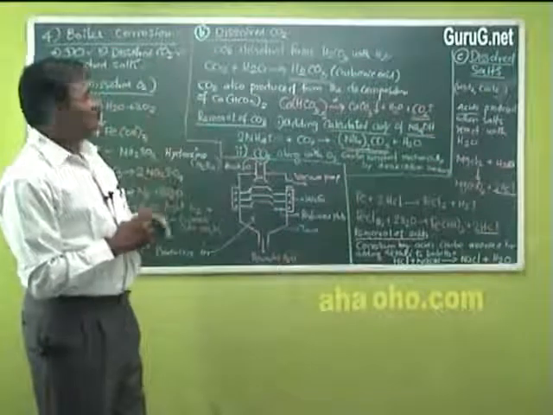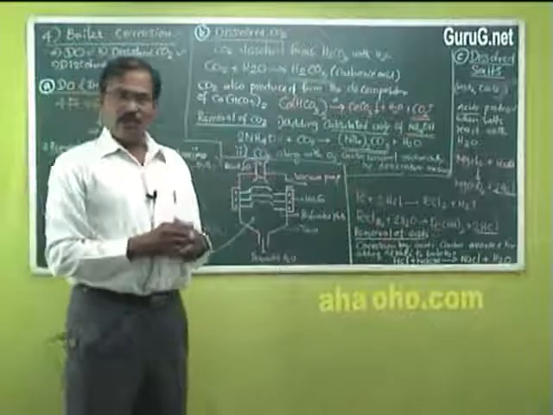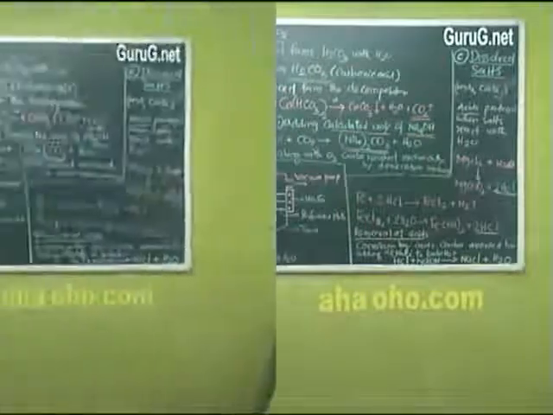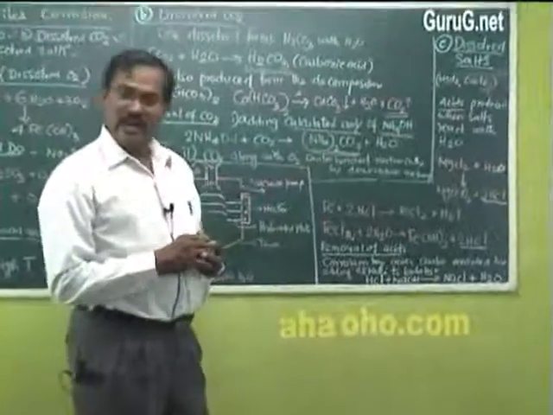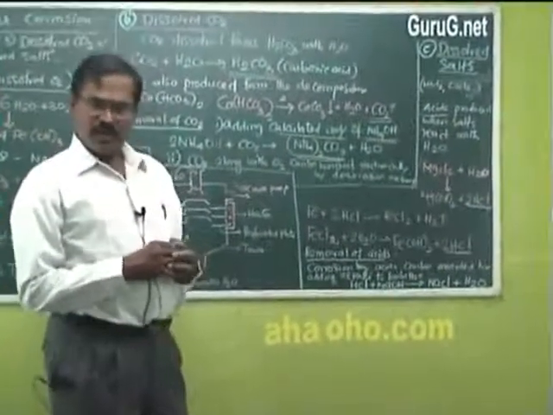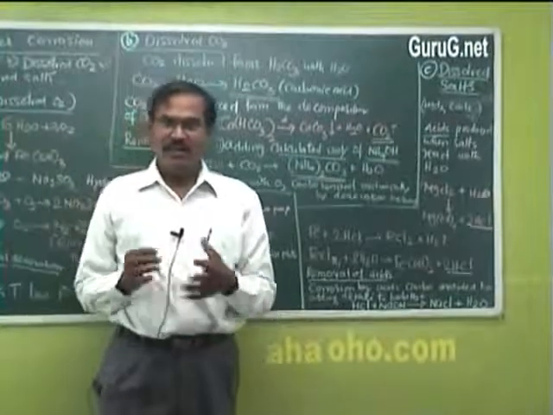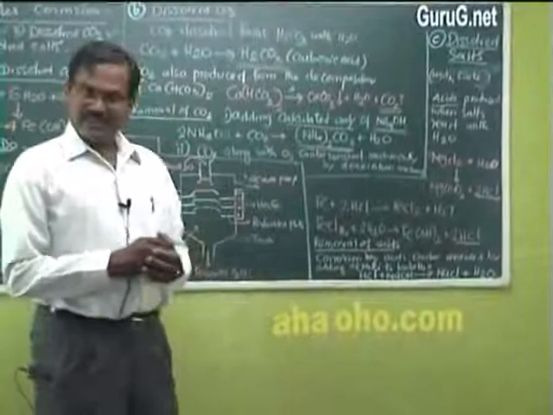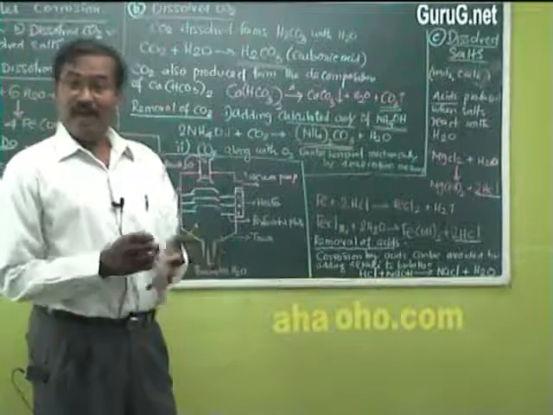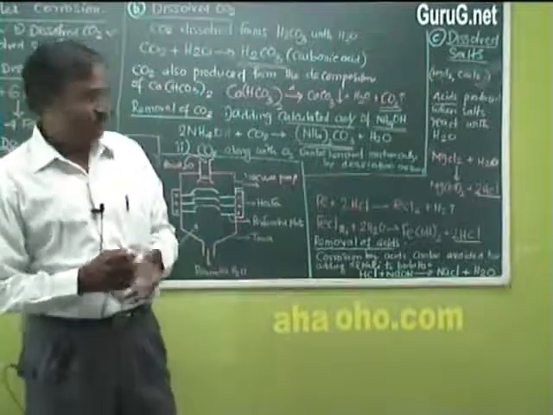So the third component responsible for boiler corrosion is dissolved salt. Our hot water may contain salts like magnesium chloride and calcium chloride. Normally a salt will undergo hydrolysis. By hydrolysis they will give acid and base. All we know, acid reacts with the base forming salt and water.